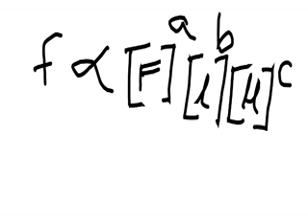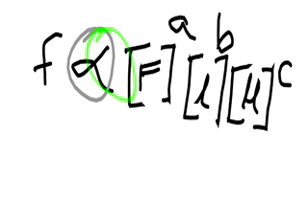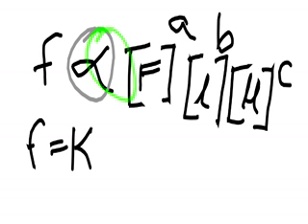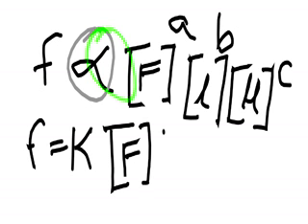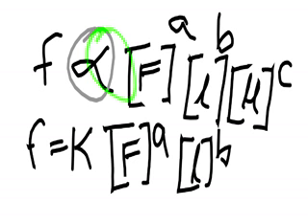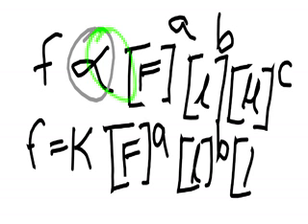In physics, whenever this proportionality sign is there, we remove the proportionality and put a constant k. So f equals k times F to the power a, L to the power b, and mu to the power c, where k is a dimensionless constant.